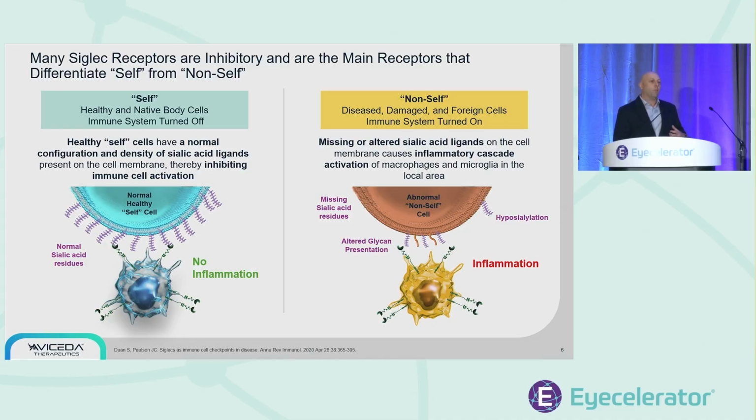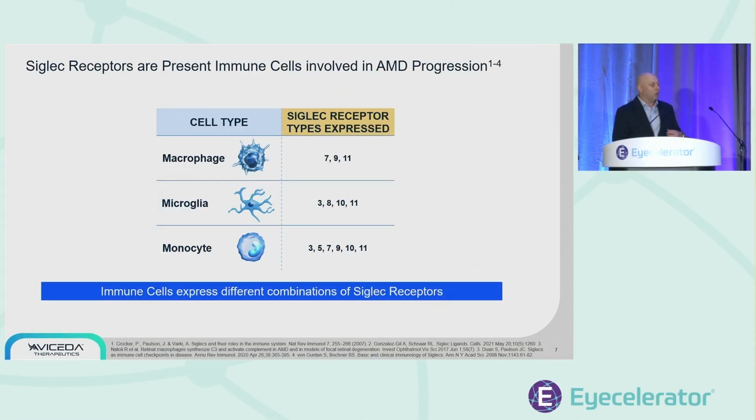When we don't have the right glycan presentation, when we're missing sialic residues, when we have hyposialylation, we get inflammation. And so it's really important that we're able to present those sialic acid residues to the immune cells. When we look at the receptors that are expressed on the various macrophages, microglia, and monocytes, we see there's some similarity, but also some differences.